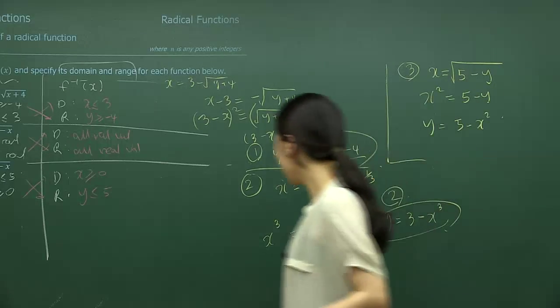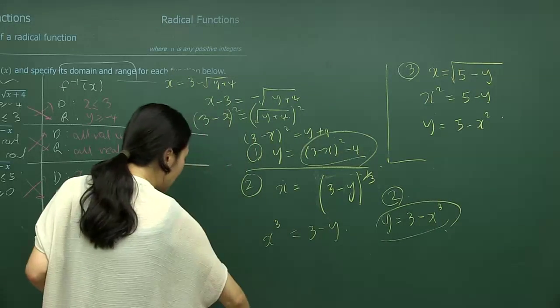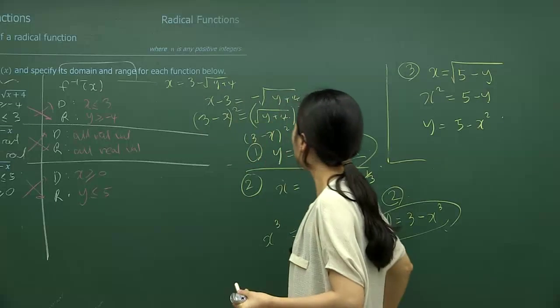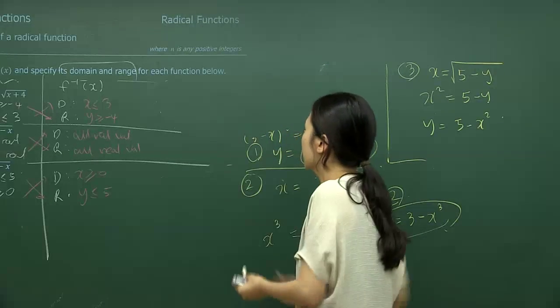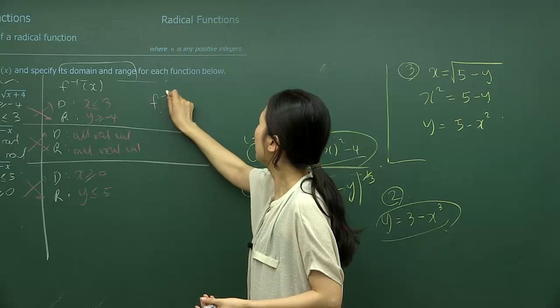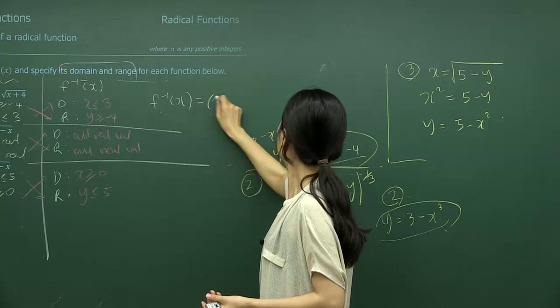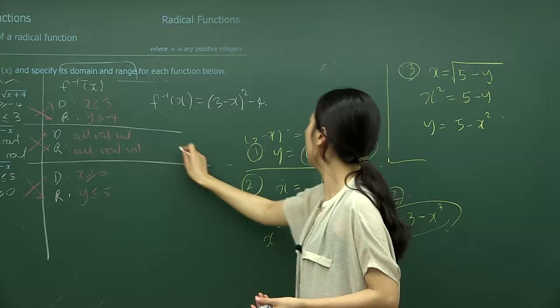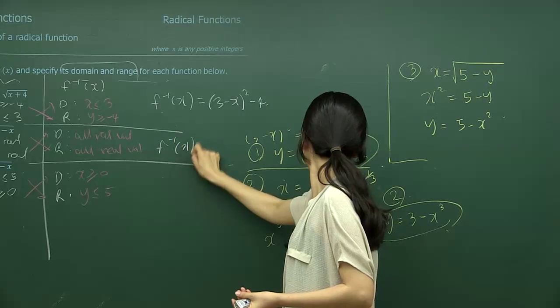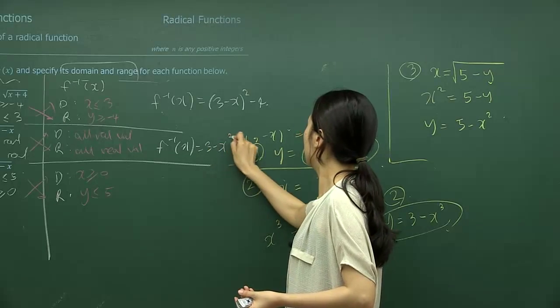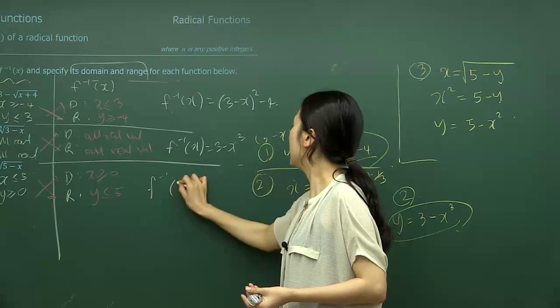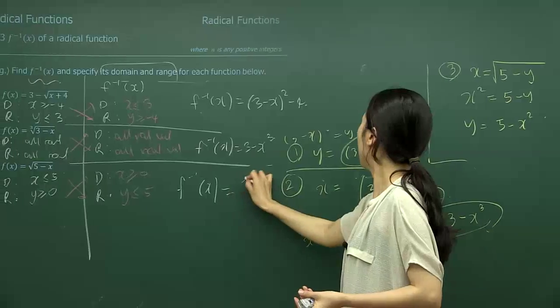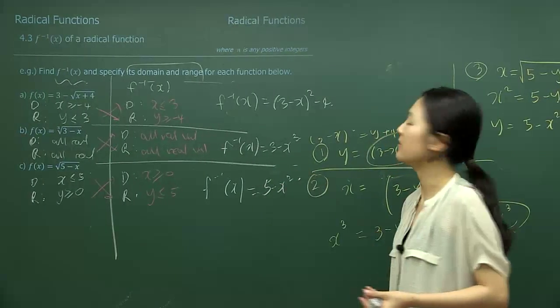So technically, the inverses of each function are: first one, 3 minus x squared minus 4. The second one, 3 minus x cubed. And finally, 5 minus x squared, right?